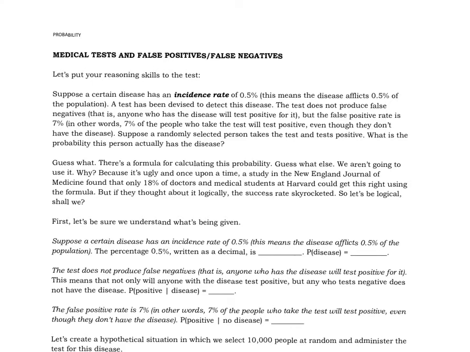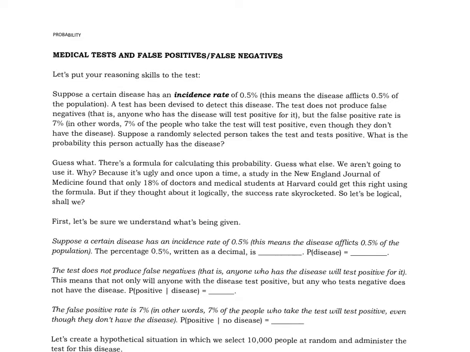That is, anyone who has the disease will test positive for it. But the false positive rate is 7%. In other words, 7% of the people who take the test will test positive, even though they don't have the disease. Suppose a randomly selected person takes a test and tests positive. What is the probability this person actually has the disease?